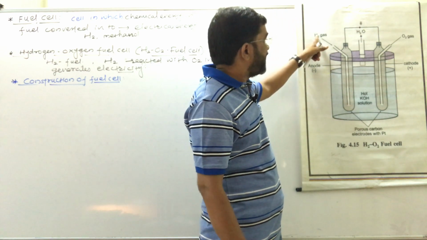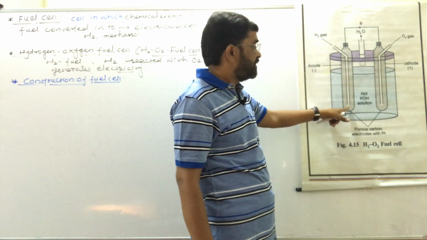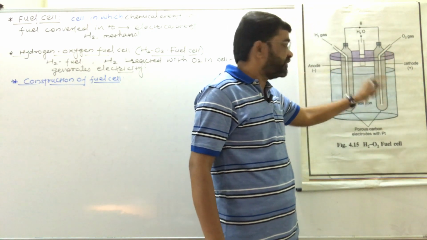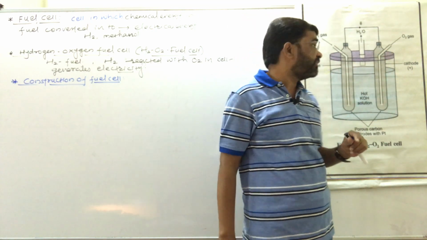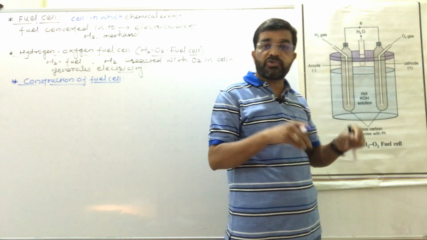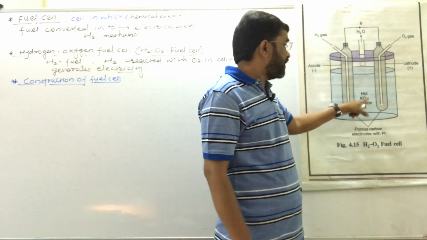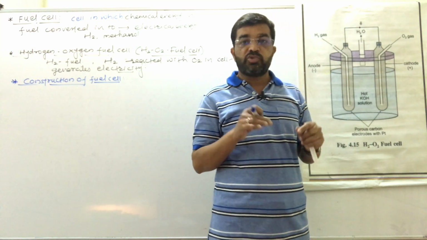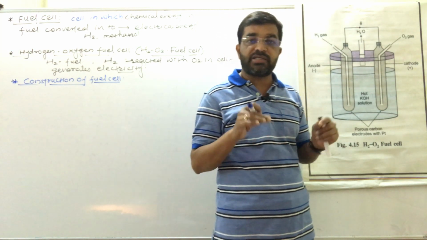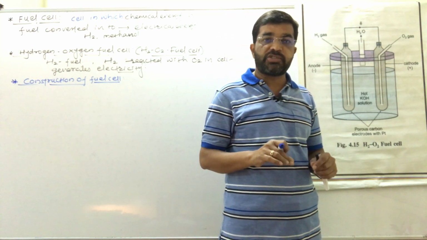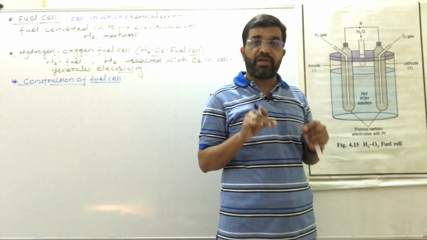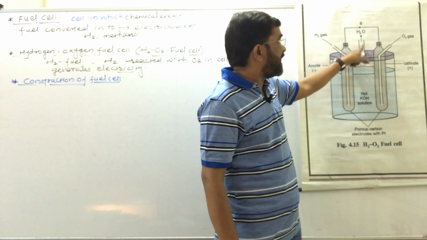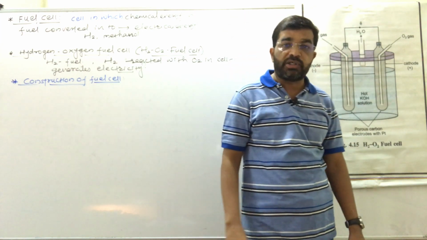Then this pipe of hydrogen gas is fitted at the anode, and this inlet of oxygen gas is fitted at the cathode. Both electrodes are placed in hot KOH solution, so alkali is used as electrolyte here. In this cell, KOH or NaOH solution is used as electrolyte, and this is the outlet to remove the water.